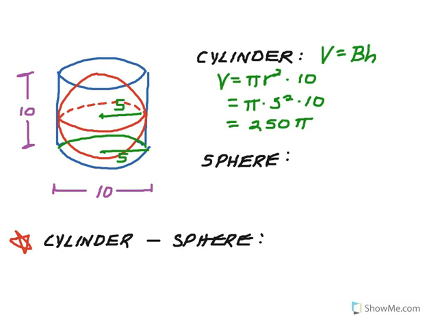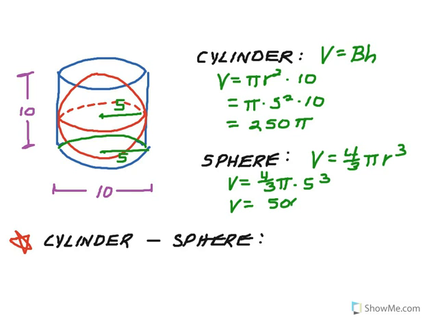Then the volume of the sphere, remember, is 4/3 of pi times the radius to the third power. So that's going to be 4/3 of pi times the radius of 5 to the third power. 5 to the third is 125, so 125 times the 4 in the numerator is 500, and this is thirds, times pi cubic units.